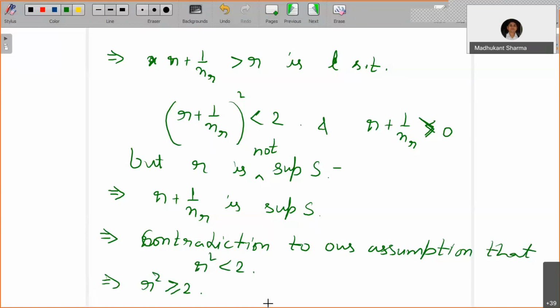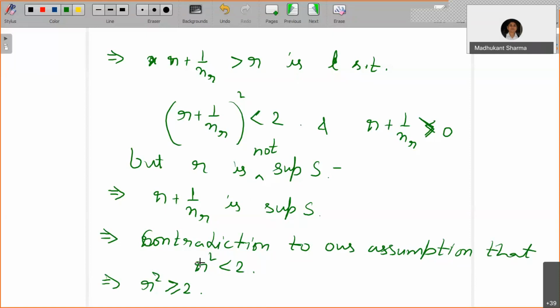Now, we have also contradicted that r is an upper bound. Yes, r is not a supremum. r is certainly a member of S, and r is not a supremum, because r is an element of S, and the supremum may or may not be inside S. But here, if you assume that r square is less than 2, it's an element of S only.